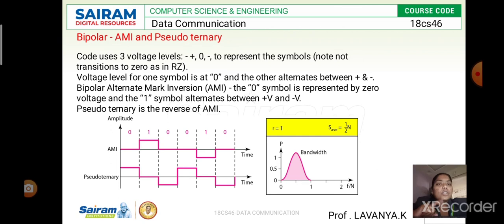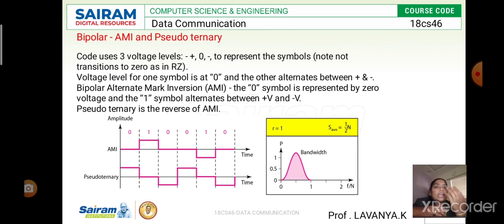Here if it is 0, that is 0 volt, which always stays on the time axis, that is the neutral value. If it is 1, it is positive. Again if it is 0, it is a neutral value. Again if it is 1, next time it should be a negative signal. Again if it is 0, it is neutral.